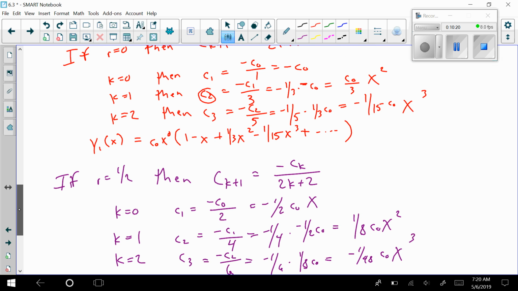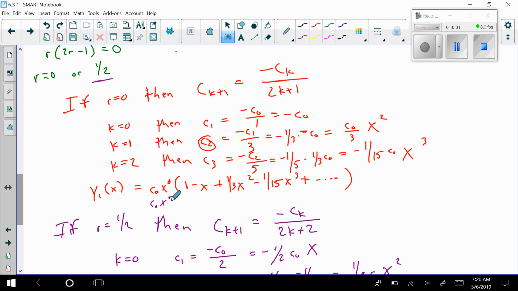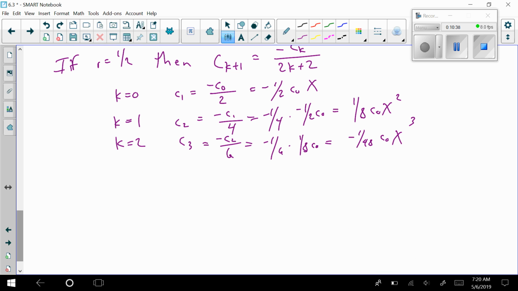Now, the tricky part here is this one was c naught x to the r. That's actually what that was. It had this r up here, and this r was 0, so it's a 0 here. But now it's no longer there like that.